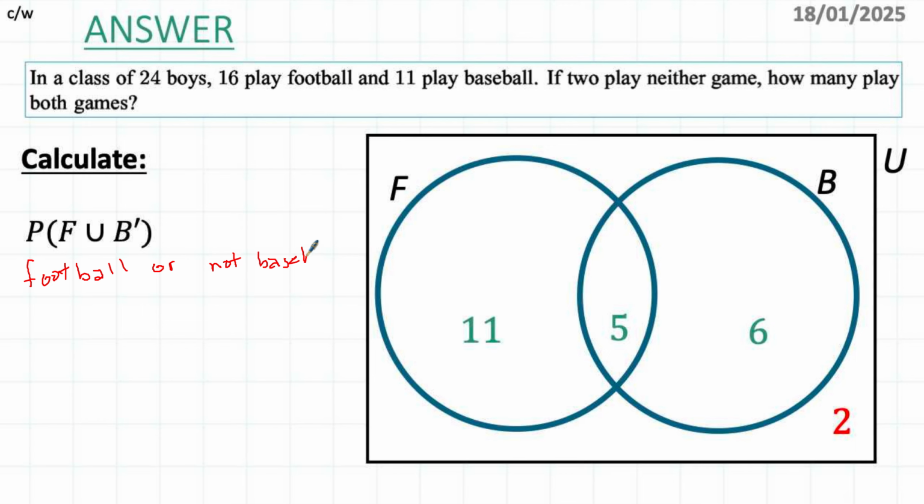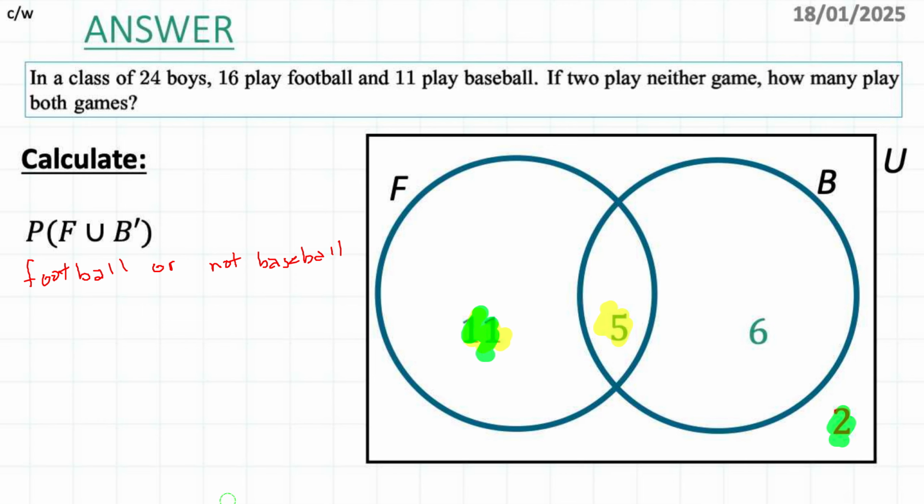And if you've practiced shading the regions, you can easily recognize the numbers that you need. So I'm either looking at football, so I'm going to highlight the football numbers I need, and then not baseball. So I'm looking at the baseball circle and I'm highlighting everything outside of that. So that would be the 11 and the 2.